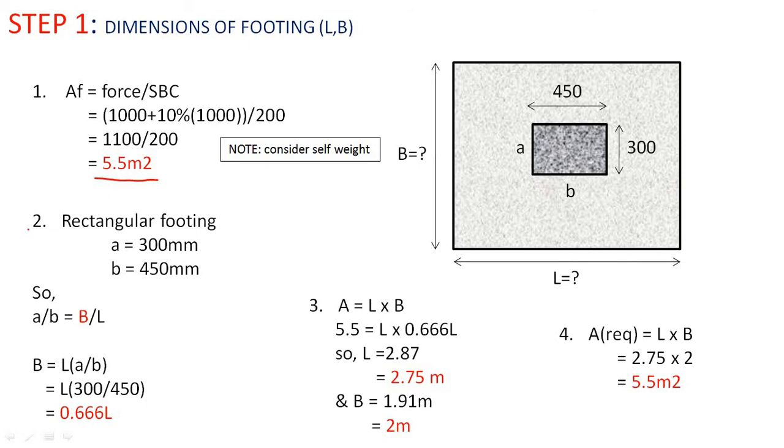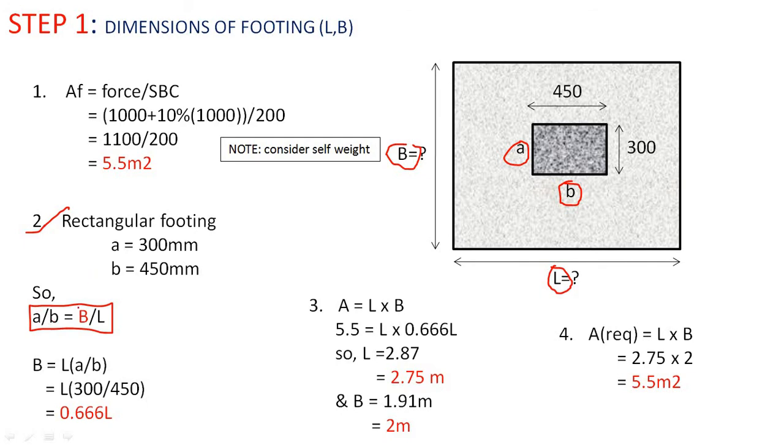Next, we will provide the rectangular footing. For rectangular footing, we know the dimensions small a and small b, which are the dimensions of the column, and we have to find capital B and L, which are the dimensions of the footing. We will use this equation: small a by small b is equal to capital B by capital L. We know the value of small a and small b.